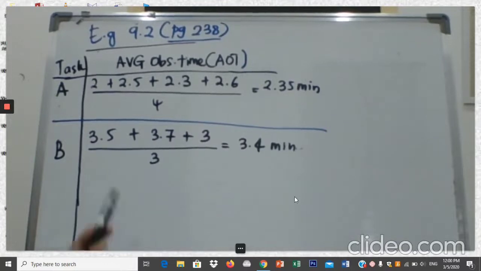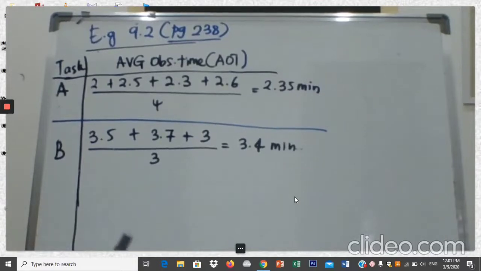As for task B, check before you start calculating the average observed time whether there is any abnormal time or not. The first observation took 3.5 minutes. Second observation took 10 minutes. Third 3.7, and the last one 3 minutes. We can identify clearly that 10 minutes here is the abnormal time, because the gap is too far. Maybe something happened while the worker was performing the job, so the worker took a very long time in the second observation.